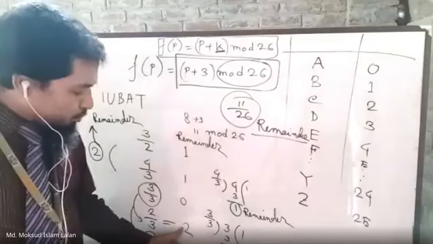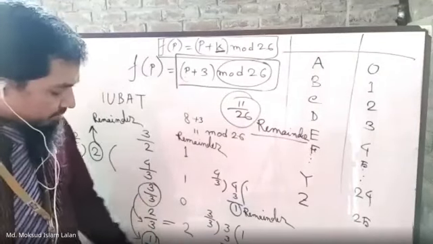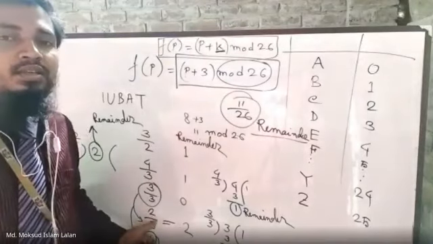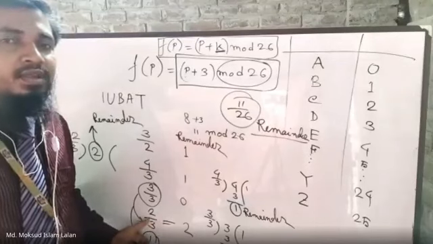So that 2 will be the remainder. So for 3, the remainder will be 0, 1 or 2, immediately one less. Do you understand?